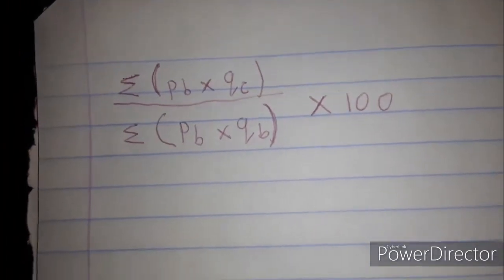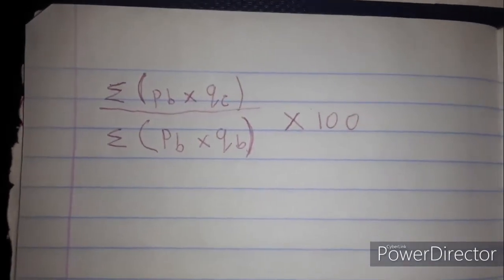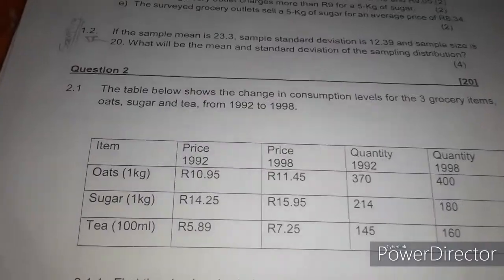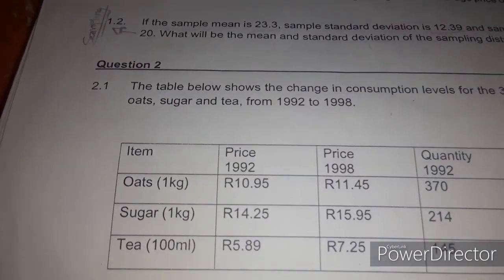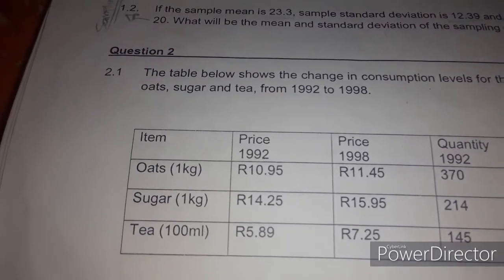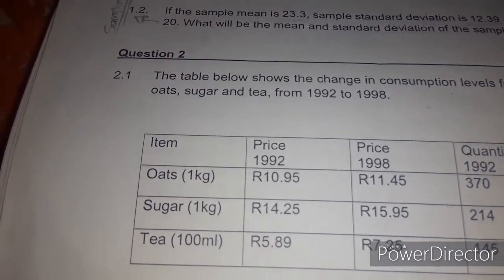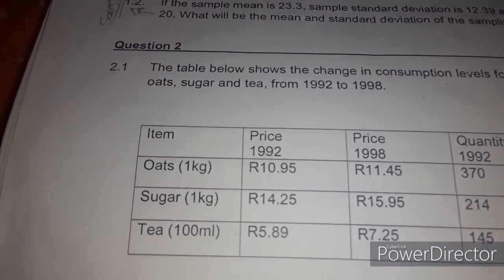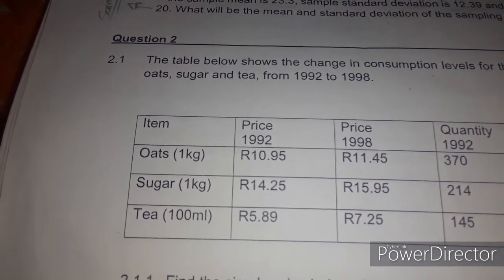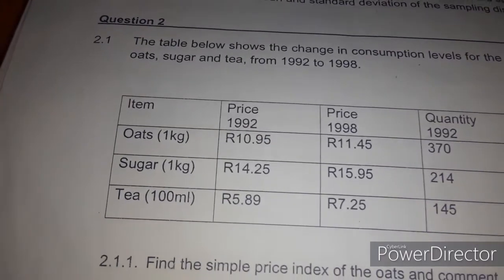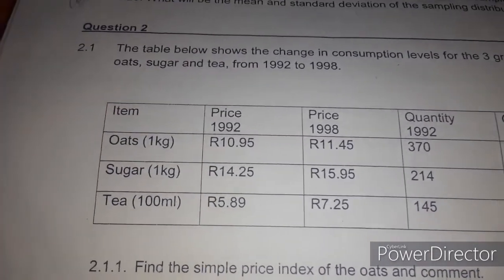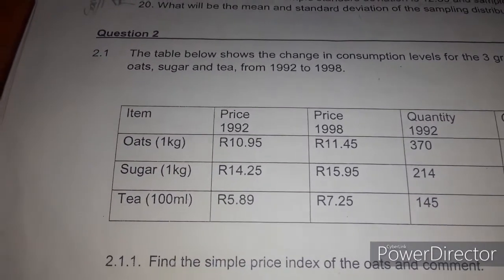So I want you to know the differences. The prices of 1998 are the current prices, because 1998 is regarded as the current year, and also the quantities are the current quantities according to this statement.